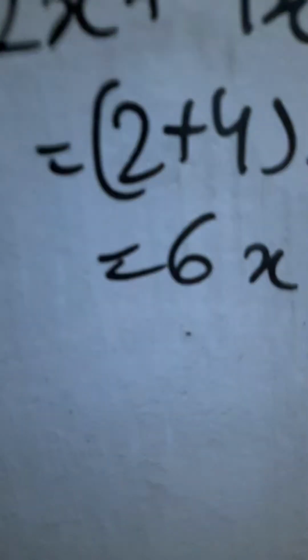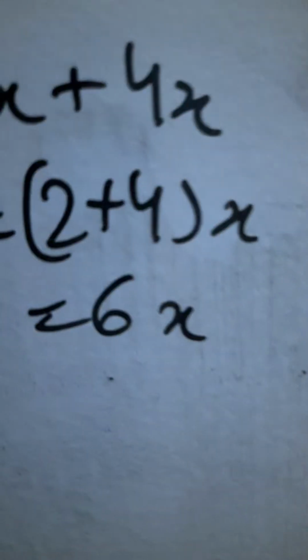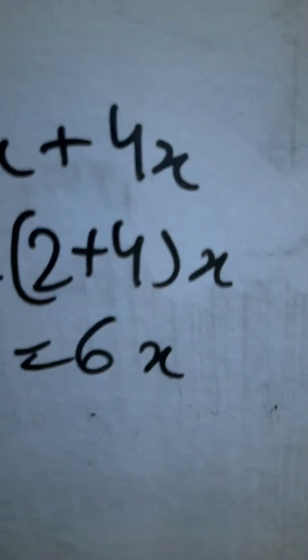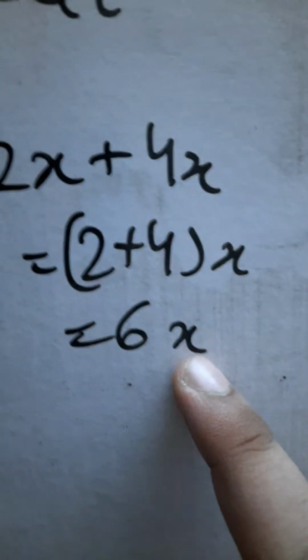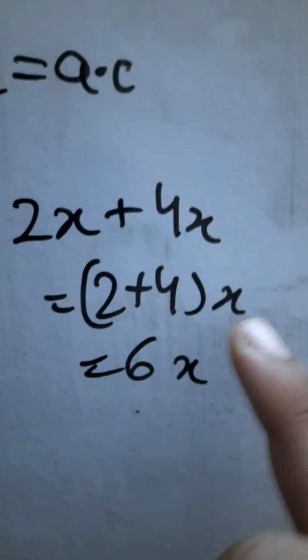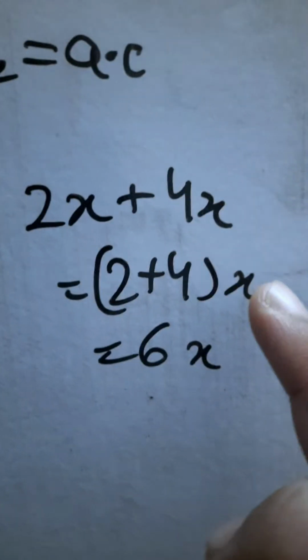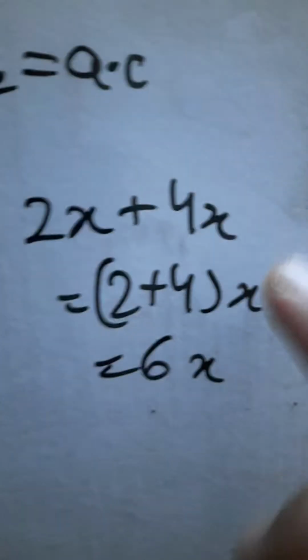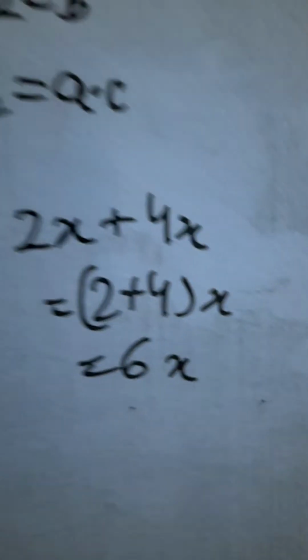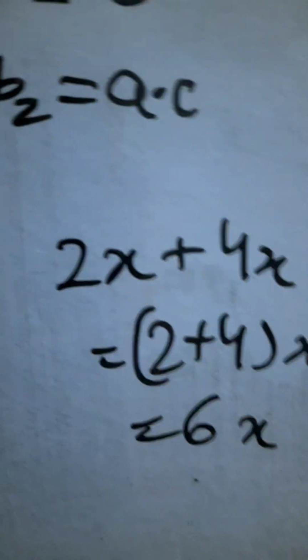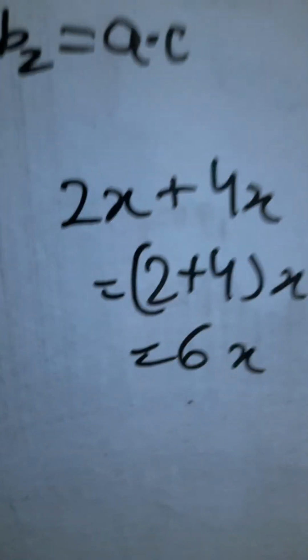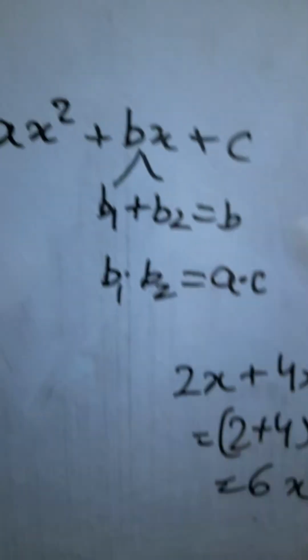Then nothing is fixed. But you add them because the unit is the same, the variable is the same. So this coefficient is a multiple of the variable. If the same variable is getting some multiples, then we can add the coefficients, and that much multiple the variable would be. Simple.